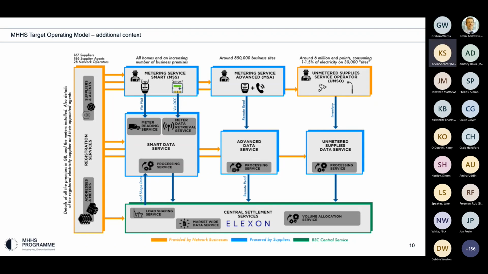Yes, the ultimate backstop, Graham, is the load shape itself. If you've got nothing at all, and it's an energized site, then you'll just use the load shape until you have got something. And is it worth just saying there, Kevin, what is the load shape?